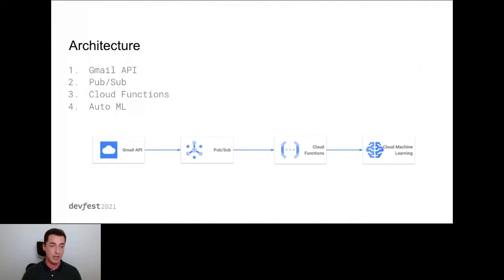So the Gmail API is used for getting access to the user mailbox and for the monitoring of new email.